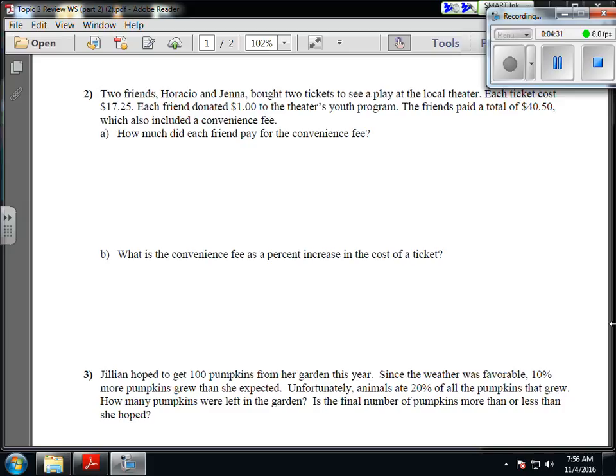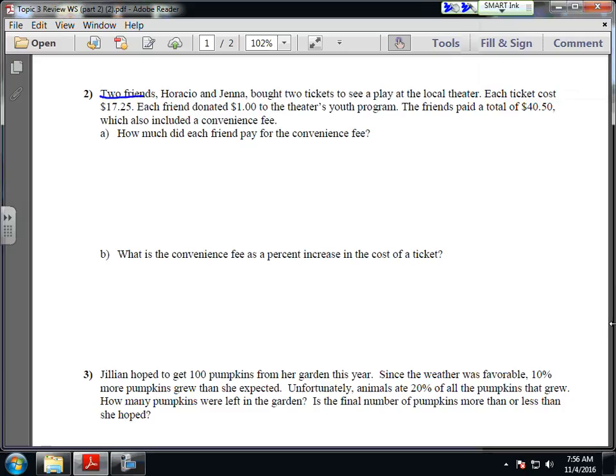So we have 2 friends again, and they each bought a ticket. And each ticket cost $17.25. $17.25 for 1 ticket, $17.25 for the second ticket. Each friend donated $1 to the theater's youth program.